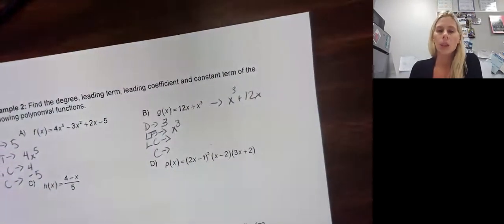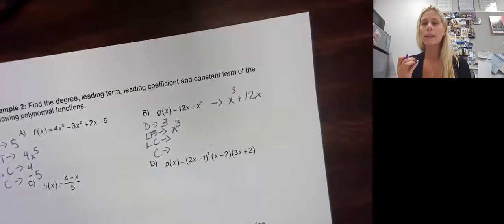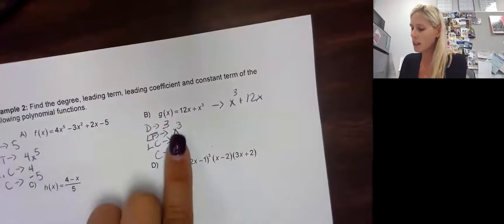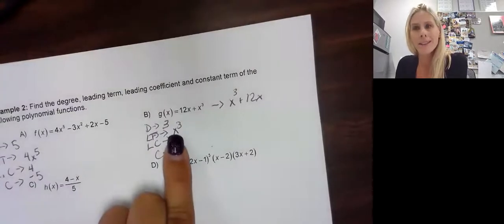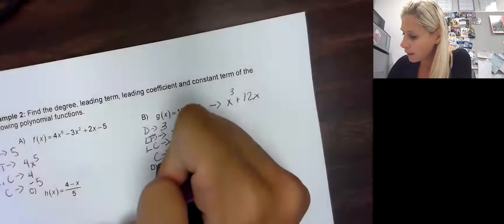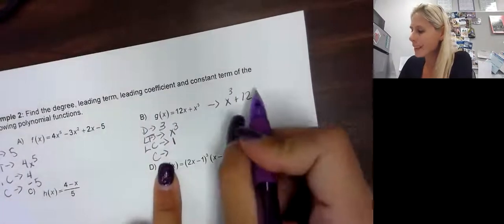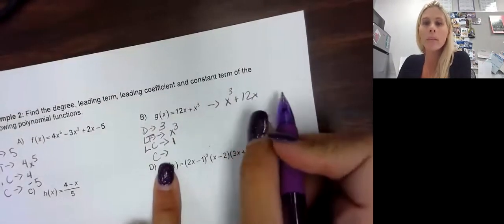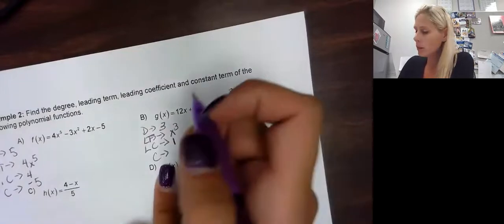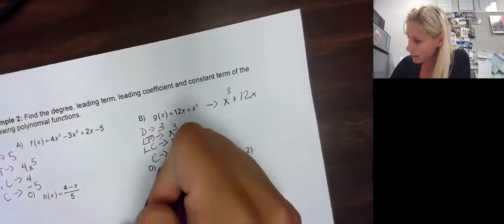Leading coefficient. Well, leading coefficient is the number in front on that leading term. What number is there? Even though it's not showing a number, what is it? It's 1. And the constant, what is the number without a variable? Well, there is none, and so it's 0.